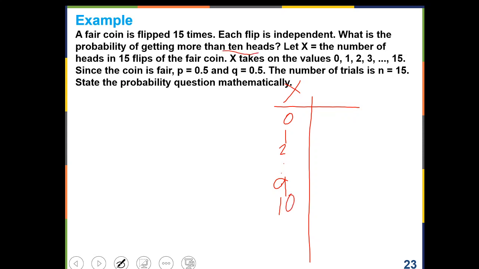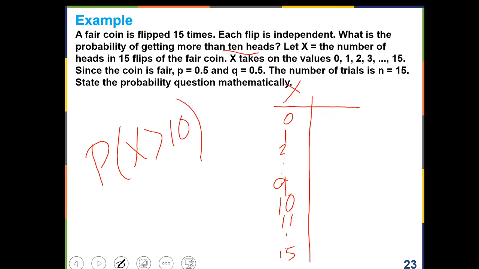Okay, 10, 11, and all the way to 15, right? So when we say probability that X is greater than 10, it means what? 10, 11, 12, 13, all the way to 15, right? For every one of those, we're going to have a probability and add them all up, right?